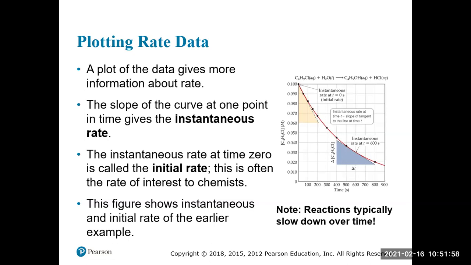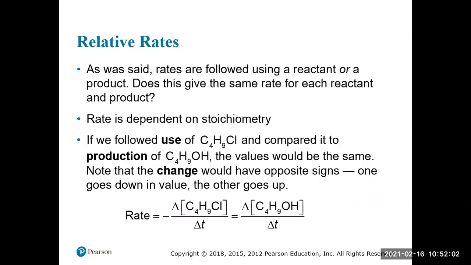So what we're going to do today is continue our discussion with regards to rates. When we talk about relative rates, when we talk about reaction rates, we don't necessarily get the same rate for each reactant and product. And the rate is dependent on stoichiometry.